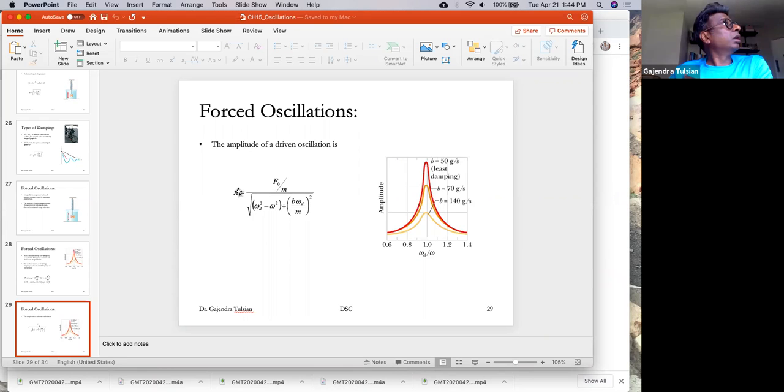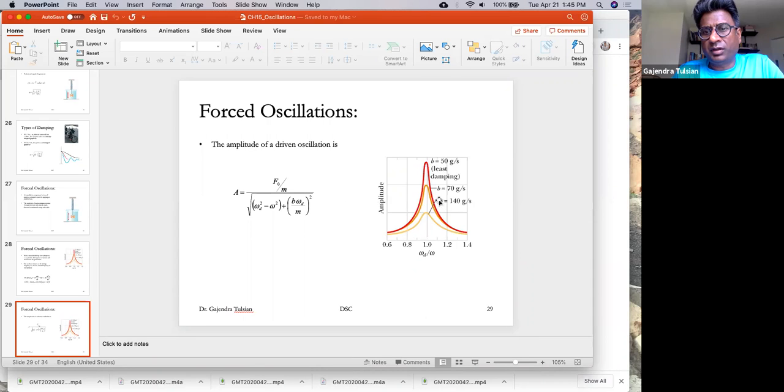So the amplitude can become large, meaning the object will oscillate with large amplitude oscillations, and that can compromise structures. What this graph is showing you is that as the driving frequency matches the natural frequency, as this becomes close to 1, the amplitude is increasing.